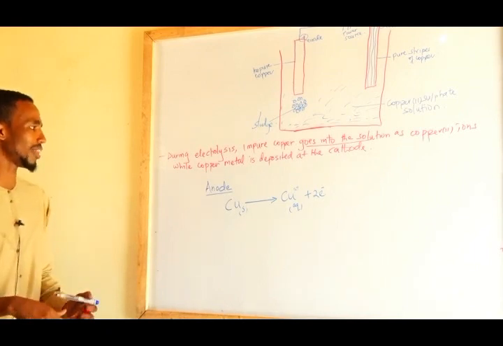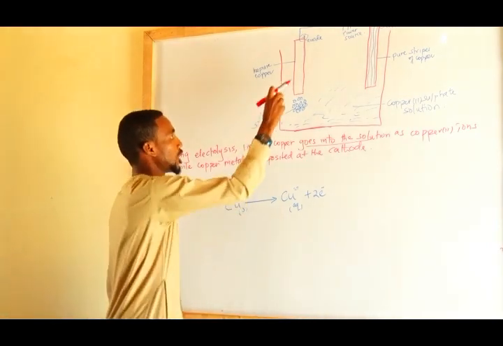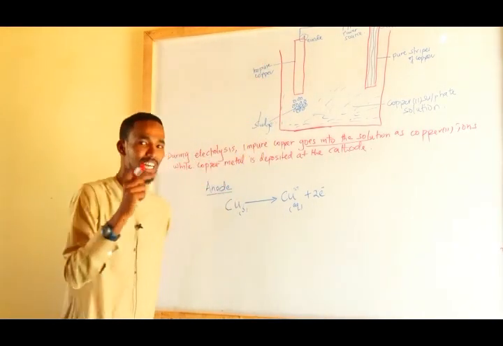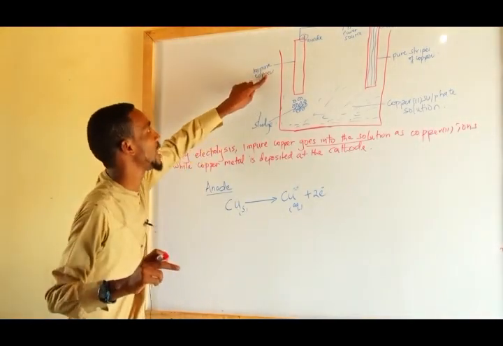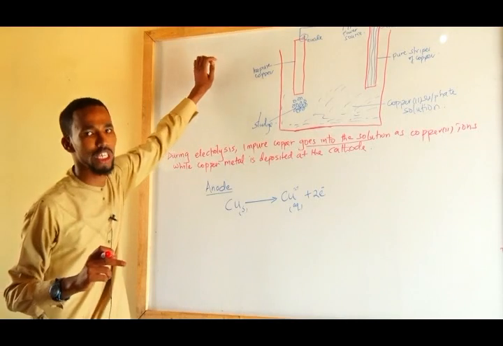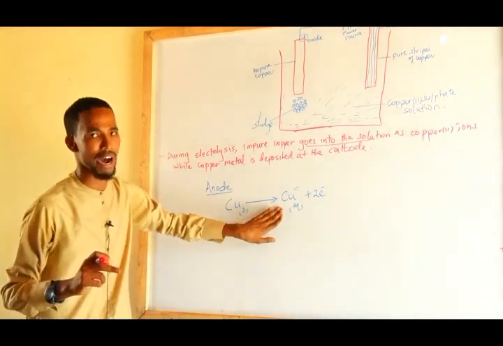So that is the equation of the anode. What is happening? Copper solid, which is impure. That is the reason previously why we were making this anode impure. It goes into the solution and it will lose 2 electrons to form copper ions.